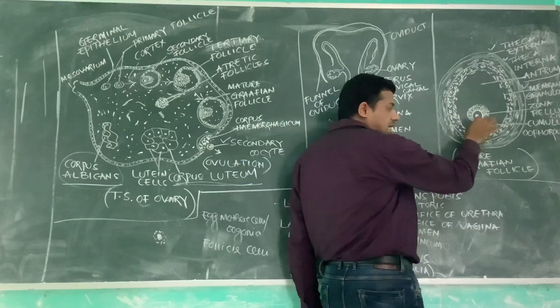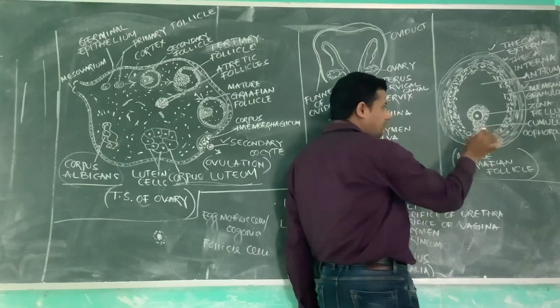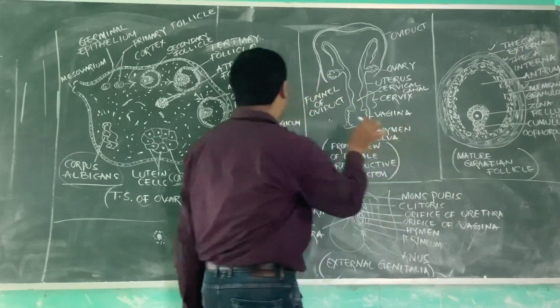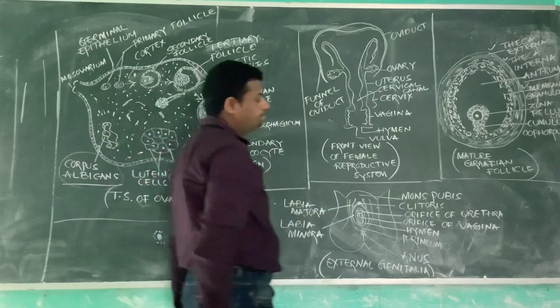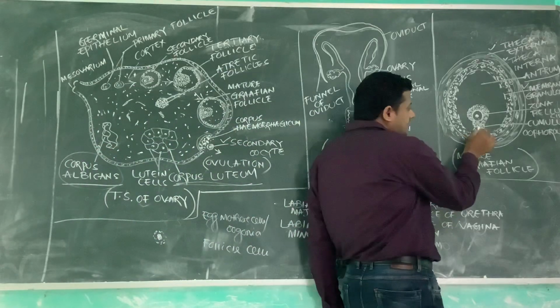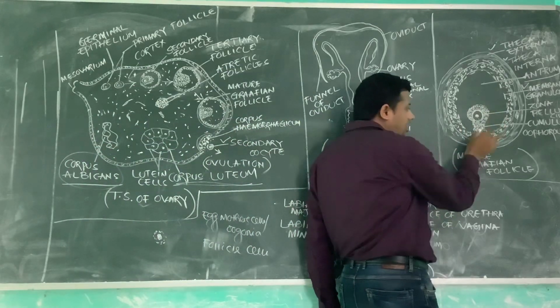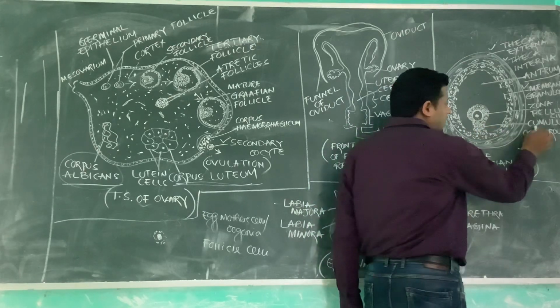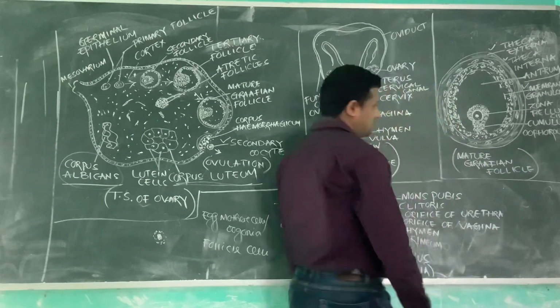This is the secondary oocyte or developing egg or ovum inside the mature Graafian follicle. These granulosa cells that form a stalk, the stalk is known as the cumulus oophorus.